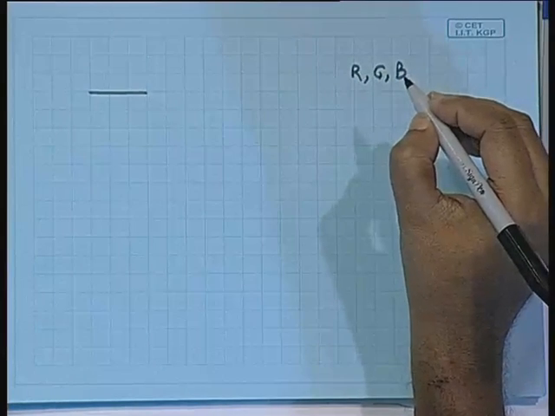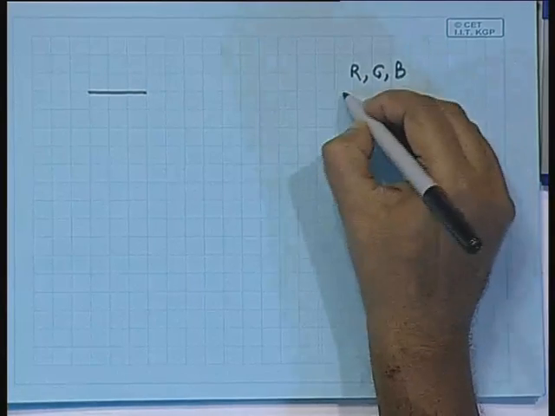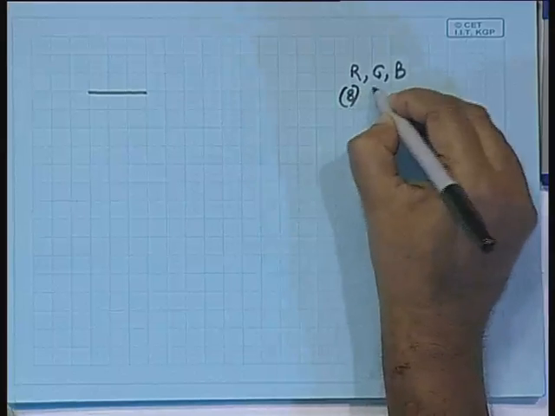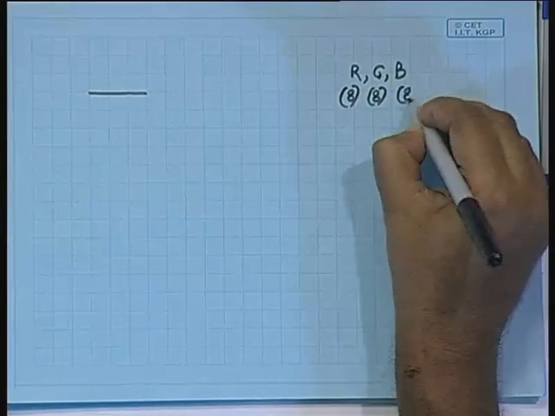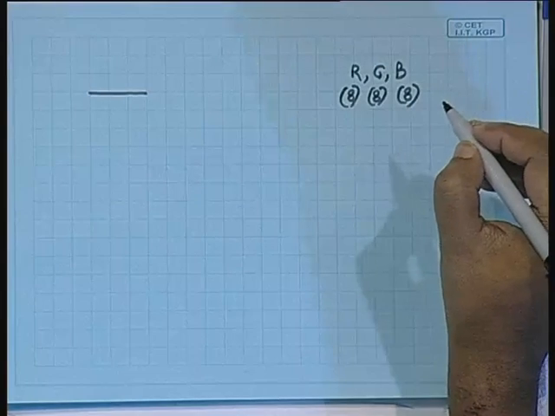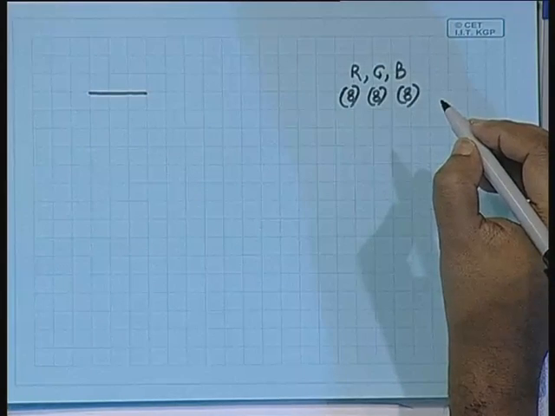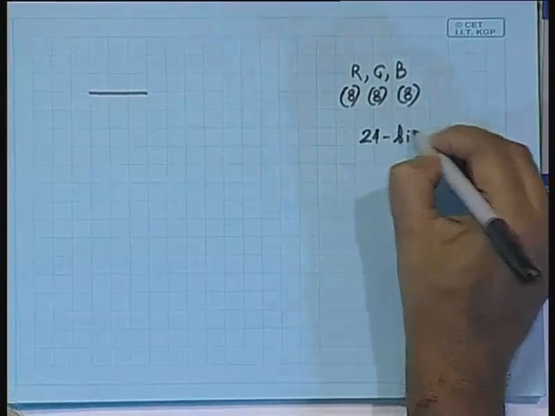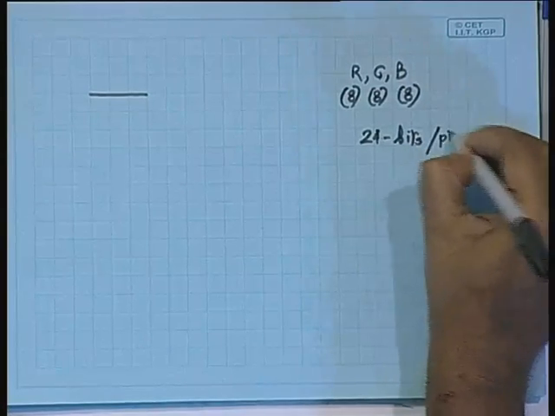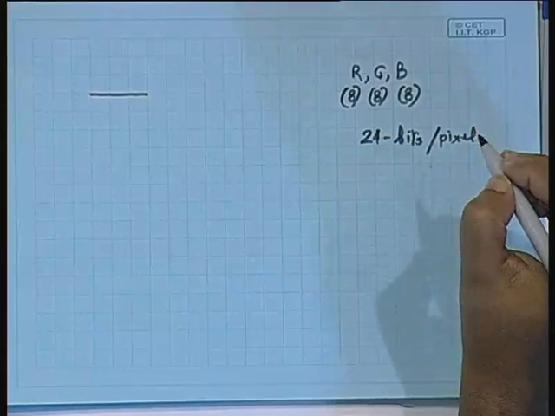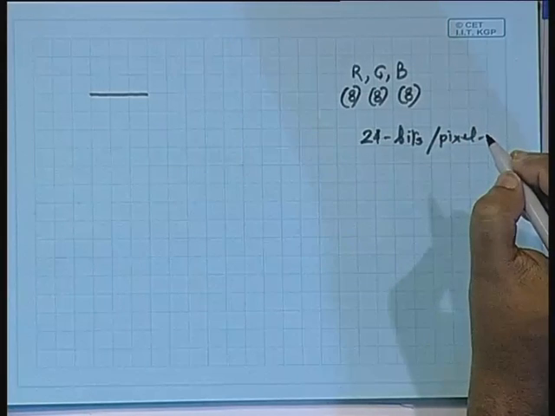In the case of RGB format, we allocate 8 bits to each of these color planes: 8 bits for R, 8 bits for G, 8 bits for B, so we essentially have 24 bits per pixel.